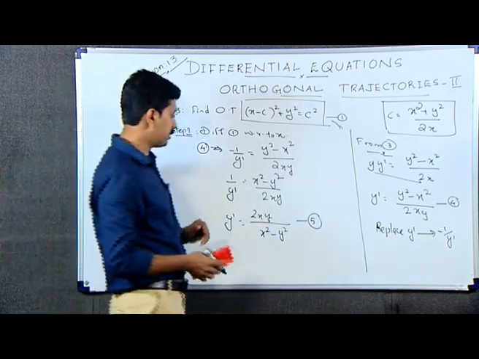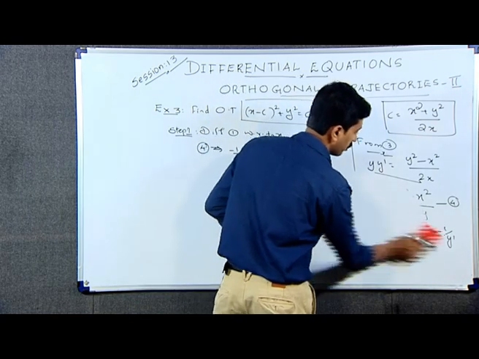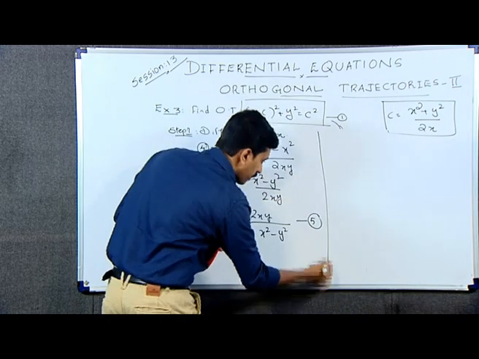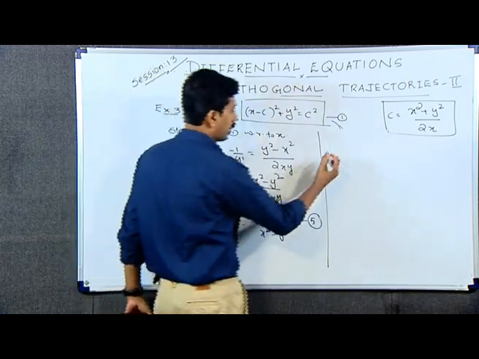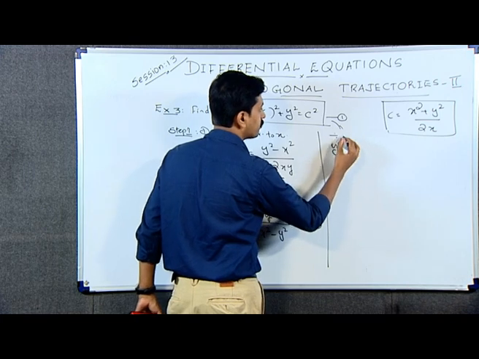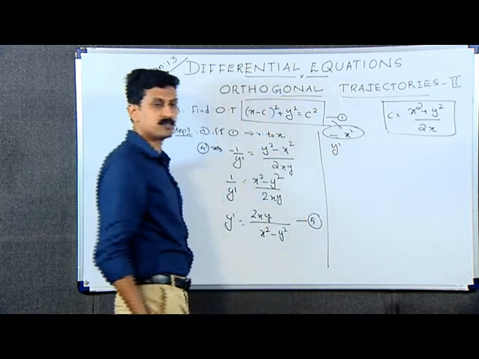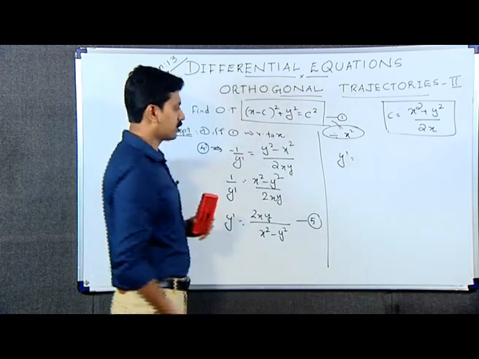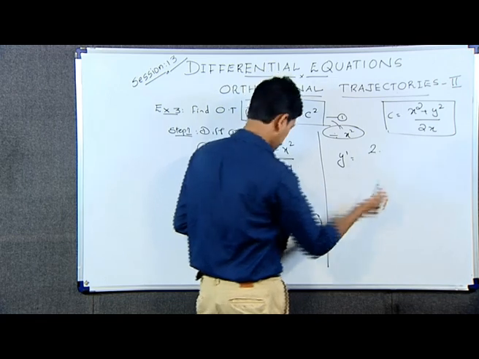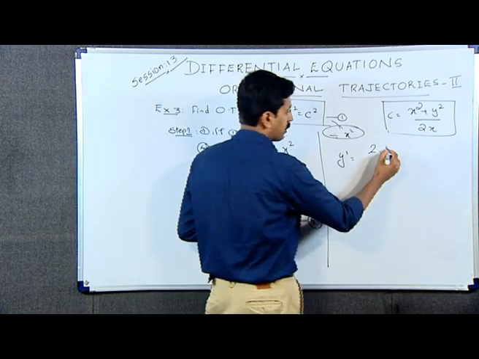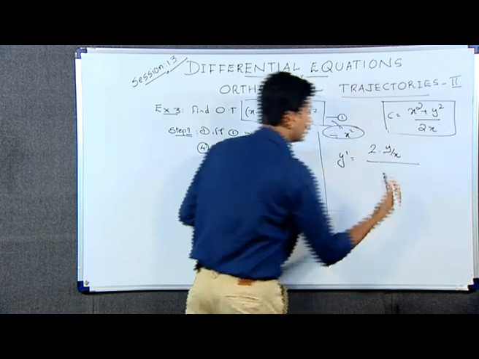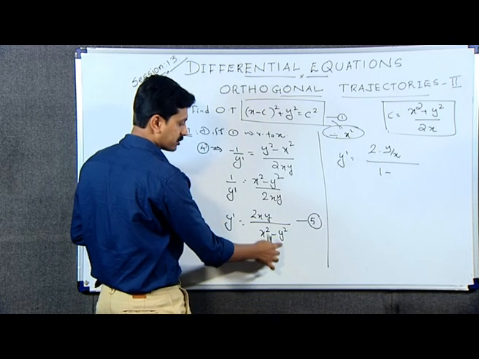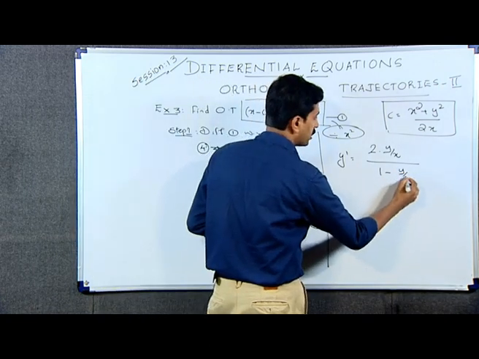I would like to divide both numerator and denominator of 5 by x square. So we will have y dash equal to, dividing both numerator and denominator by x square: in the numerator we will have 2y by x, and in the denominator x square by x square is 1, minus y square by x square, that is y by x the whole square.